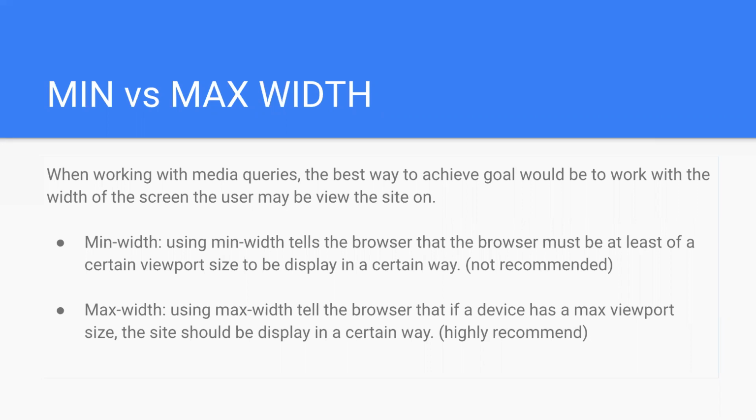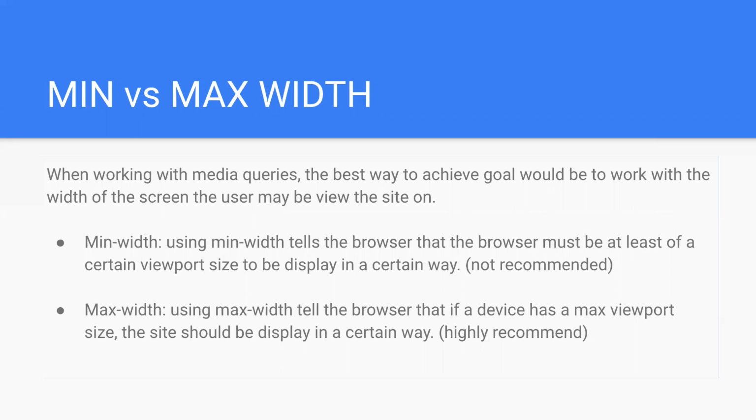What maximum width does is, the question was, what is a phone, right? So the phone is anything that has a maximum of 576 pixels. And that's it. It's finished. Anything outside of that category is something else.